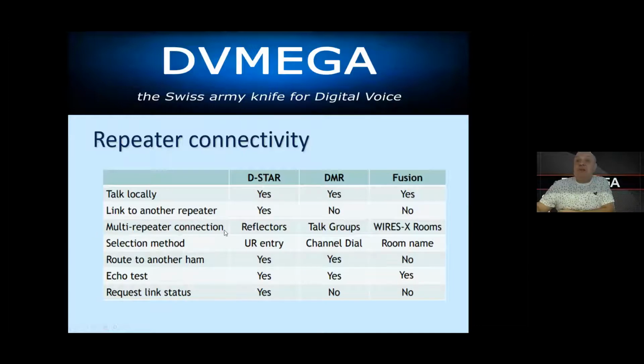The multi-repeater connection, when you connect to a network: on D-Star it's called reflectors. On DMR it's talk groups, and on Fusion it's WIRES-X rooms. The selection or connection method is a UR entry. In D-Star it means that you give a code, a command.